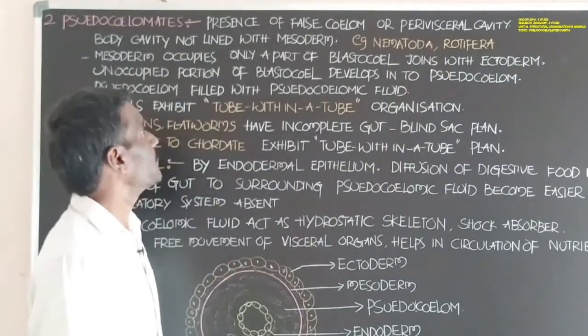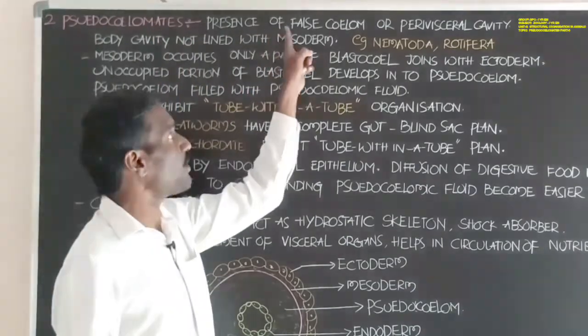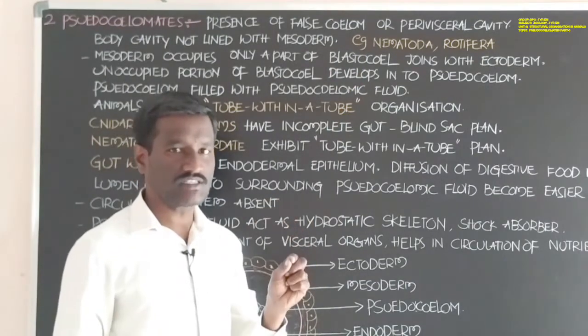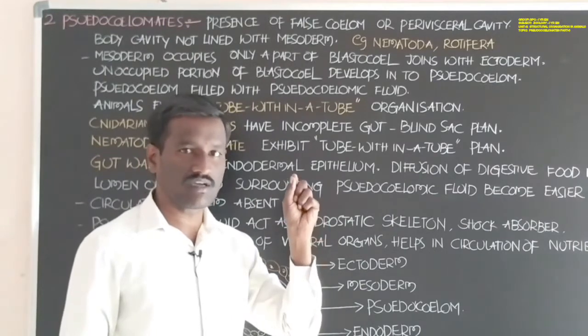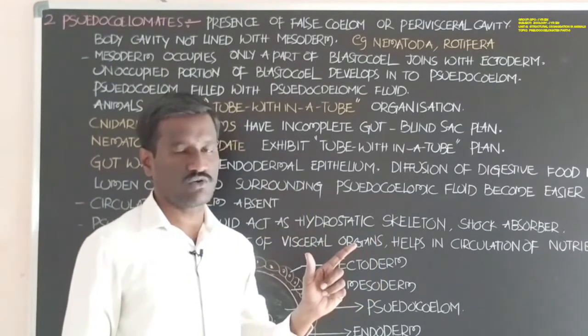Student, these pseudocoelomates have a false coelom. That means it is not produced by the mesoderm, so it is called a false coelom.